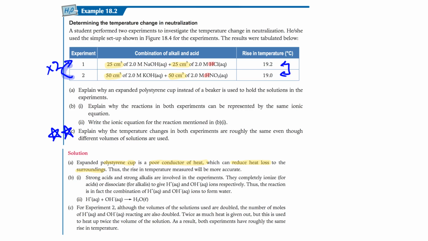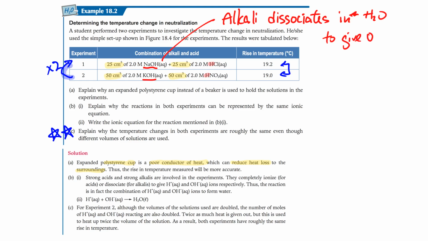The only problem comes from the alkali, or the base. In this situation, we found that both NaOH and KOH are alkalis instead of some insoluble base. So in this case, we can say that the alkali dissociates in water to give OH minus.